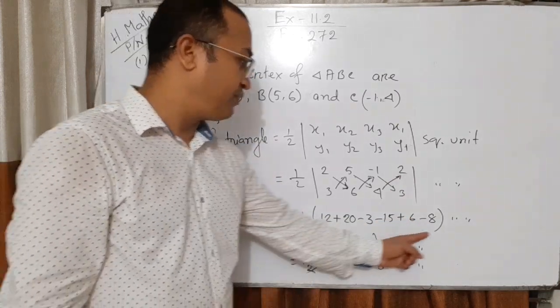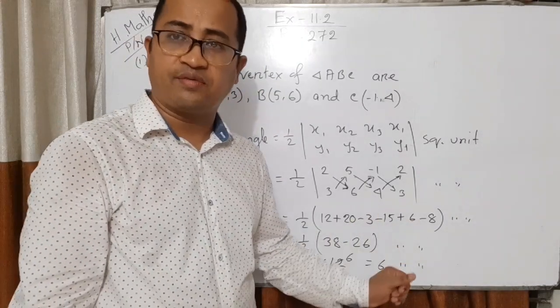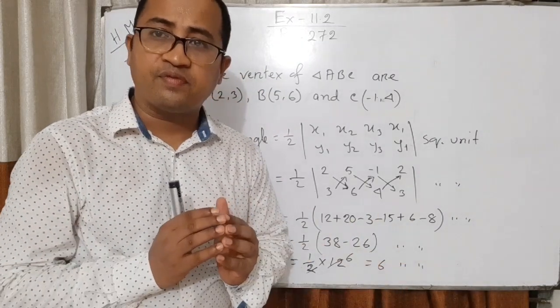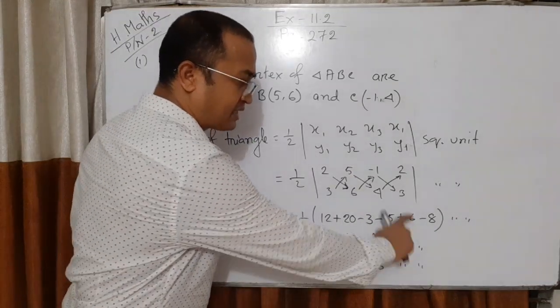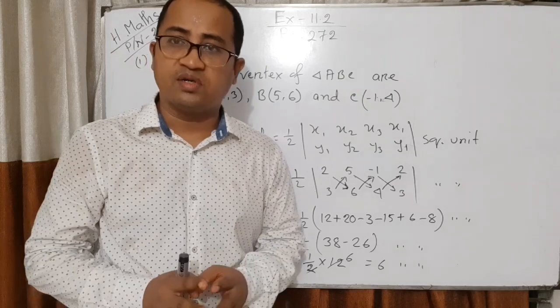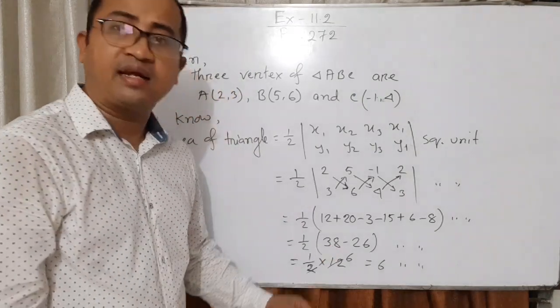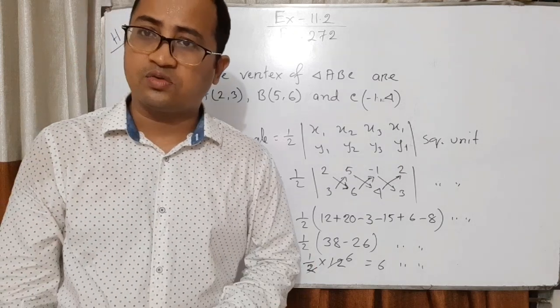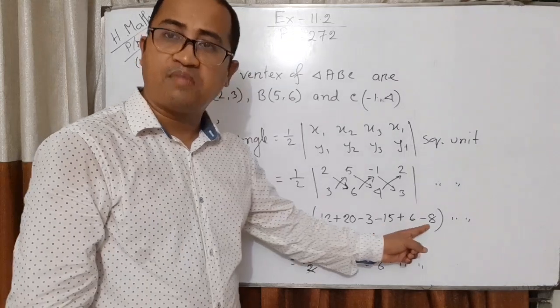Now look here, there are two kinds of numbers, positive and negative. At first we add the positive numbers: 12, 20 and 6. These three are positive. We add them and get 38. Again there are three negative numbers: -3, -15, -8.